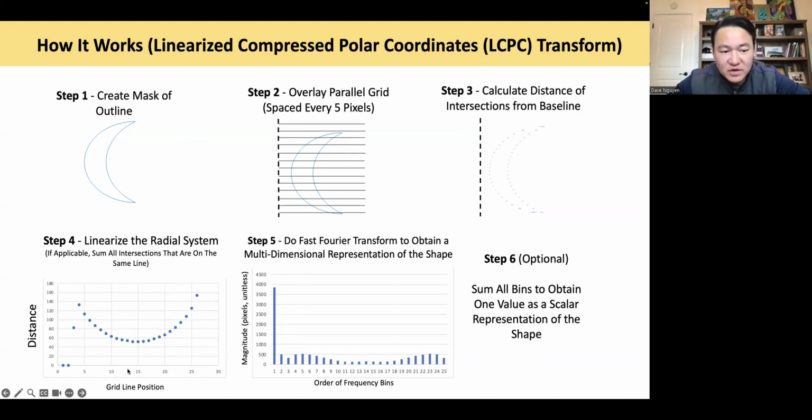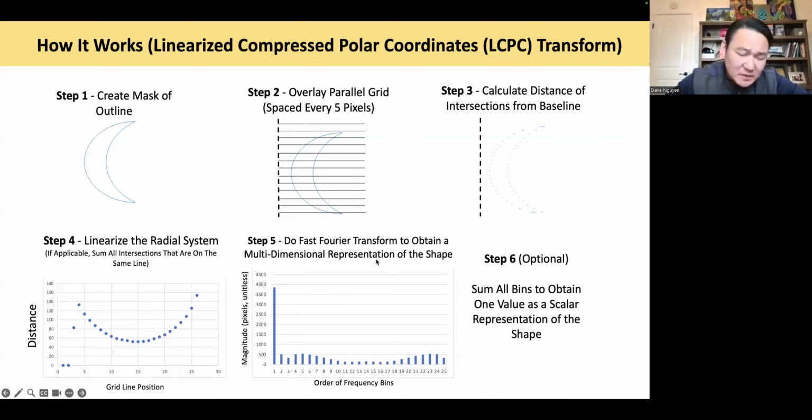Thus, for each value on the x-axis in step 4, there's only one y value. And once we get data in this form, which is called a discrete sinusoid wave, we apply what's called a fast Fourier transform and look at a different dimension, the frequency dimension. And so what we have now in step 5 is a multidimensional representation of the shape we began with in step 1.